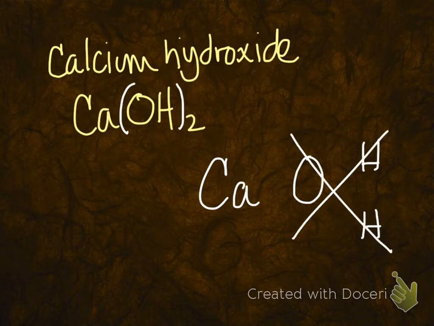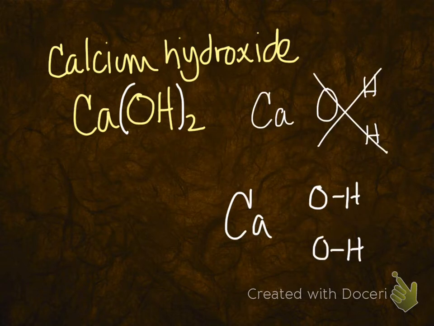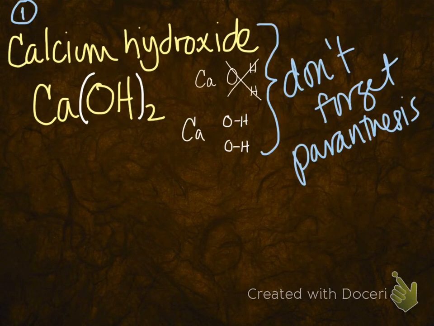That's not the case. What you have is 1 calcium and 2 hydroxide ions. That makes a big difference. So error avoidance number 1, don't forget your parentheses when you need them. They do mean something.